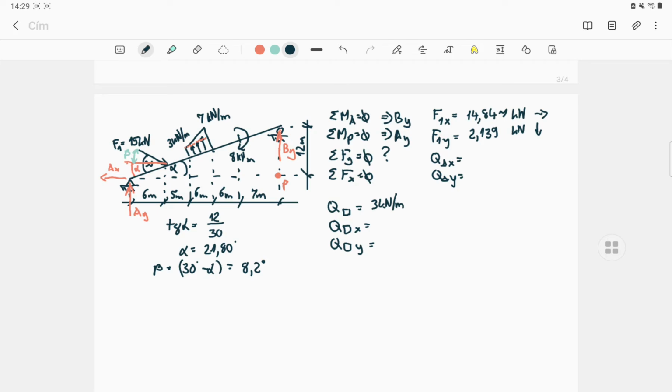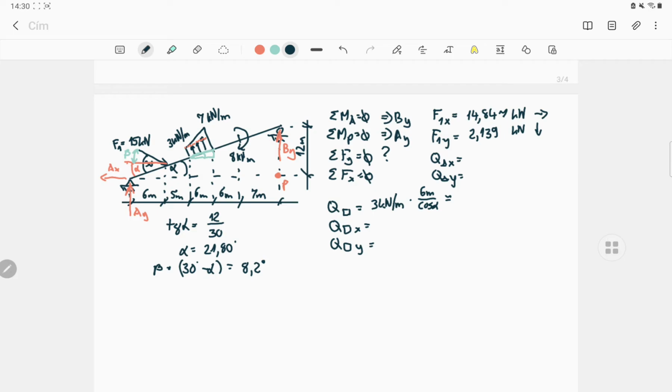But the length, let me show you with green, the length of the rectangular shape is this one, so it's not 6 but longer, because if you imagine here a perpendicular triangle, you have to see the horizontal length is 6 and the angle of this triangle is the same as the angle of the beam, so the alpha angle. So if you want to continue, this time is the 3 times 6 meter over cosinus alpha, because the 6 over cosinus gives you the length of the rectangular shape. You can calculate this one.